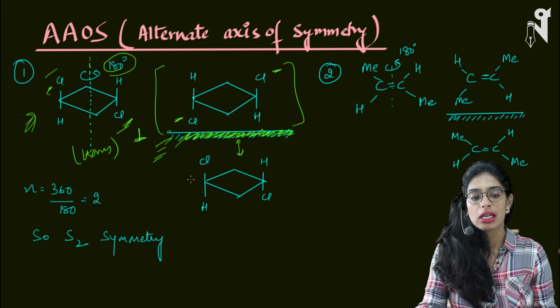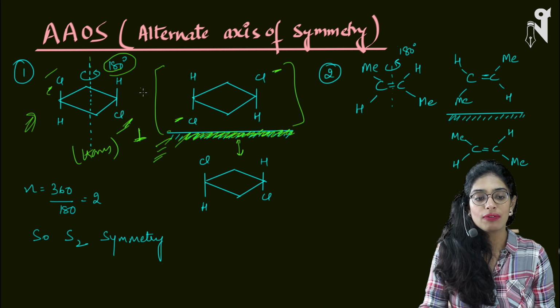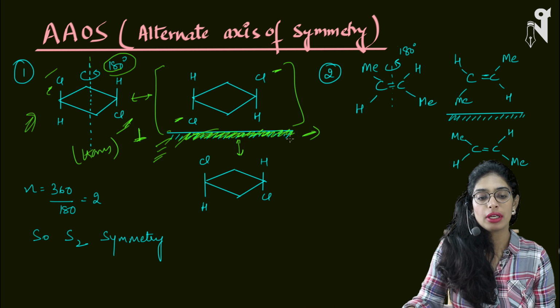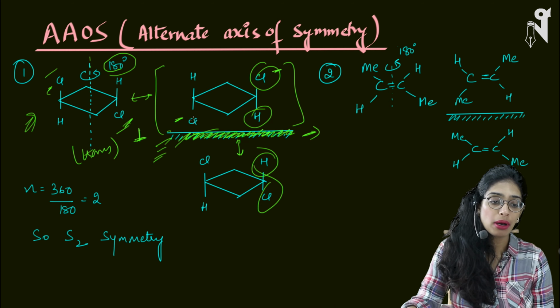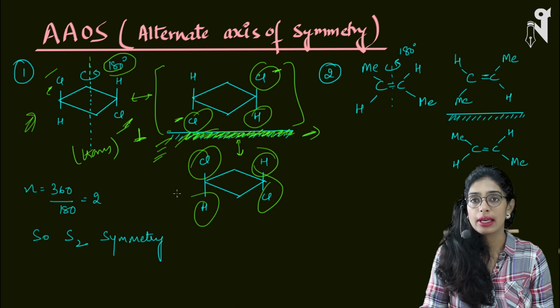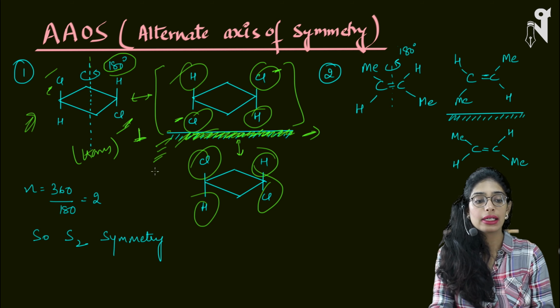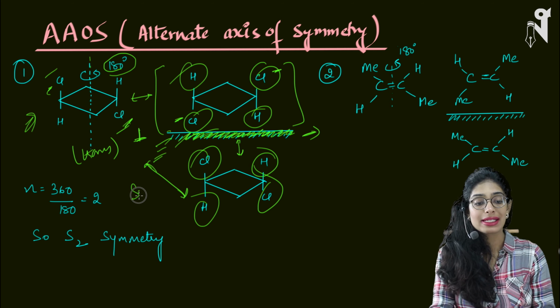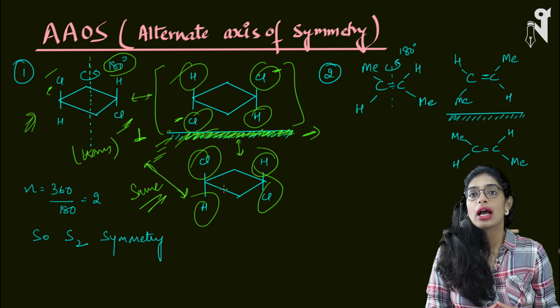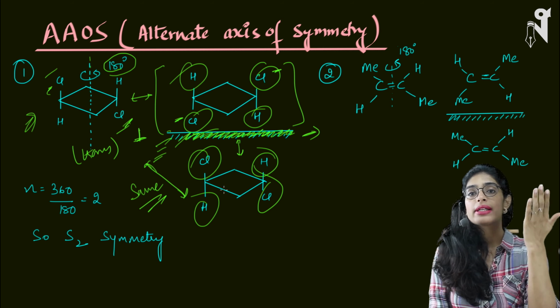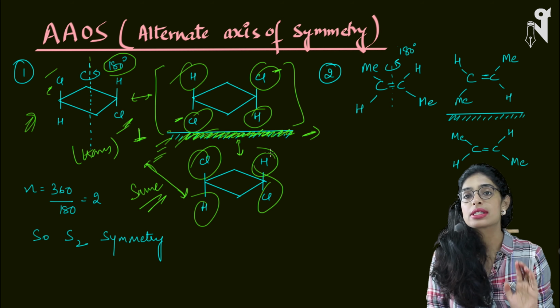I have got this. Now I place a mirror down here. What will I get? This chlorine will be here, this hydrogen will be here, this chlorine will be here, and this hydrogen will be here. Isn't this compound and this compound exactly the same? Look, try comparing. It's exactly the same molecule, right? So when I rotate a particular compound at a certain angle, that angle should be 360 by n.